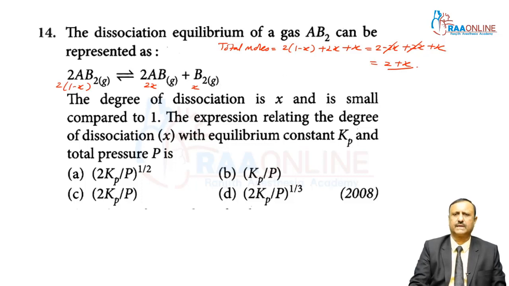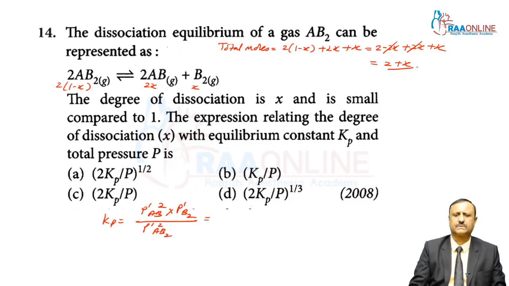The degree of dissociation is x and is small compared to 1. The expression relating the degree of dissociation x with the equilibrium constant Kp and total pressure P. Here, my dear friends, Kp is equal to the partial pressure of AB to the power 2 into the partial pressure of B2 upon the partial pressure of AB2 to the power 2.